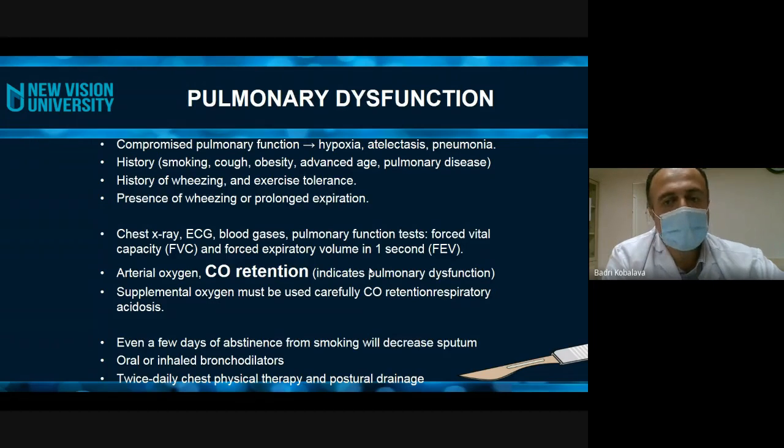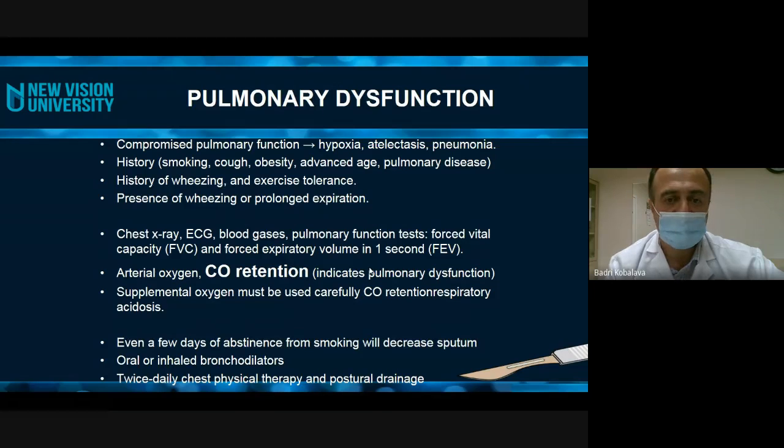And we must ask about the history of pulmonary diseases. Exercise tolerance is a good test to review pulmonary dysfunction, because the patient can have compensated pulmonary function at rest, but the reserve could be affected.